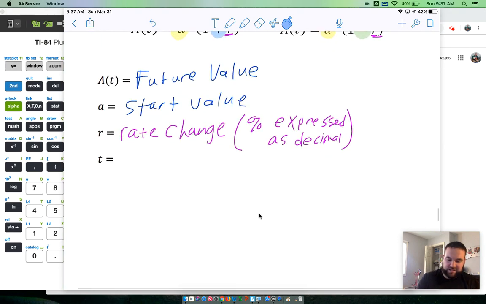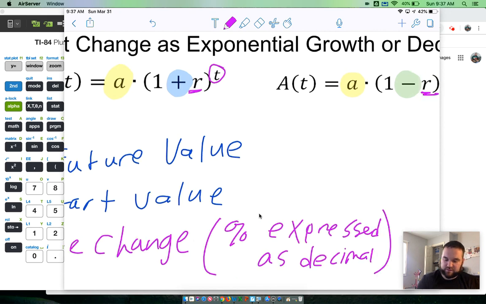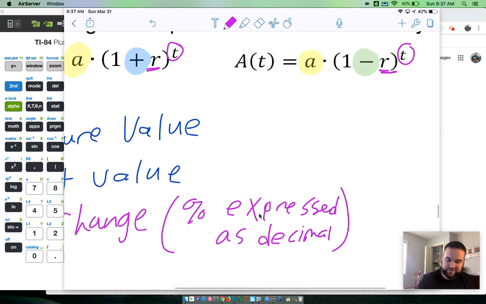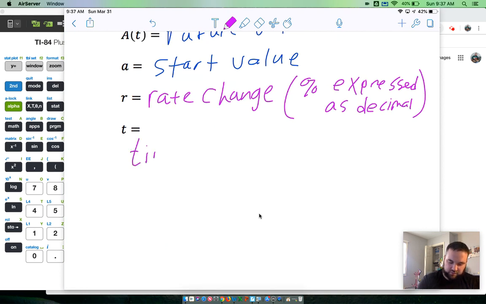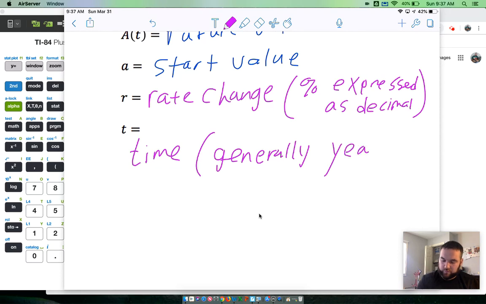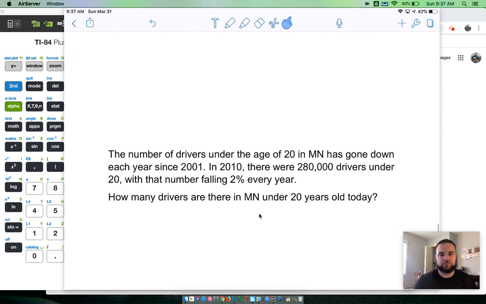And then finally we have t, which is time. So however long you're talking, if it's years, if it's months, if it's days, t is time. Generally, especially if you take like a managing your money course, this is generally years, but there are exceptions to that. So, future value, start value, what's your percentage rate change, and then what is the time.